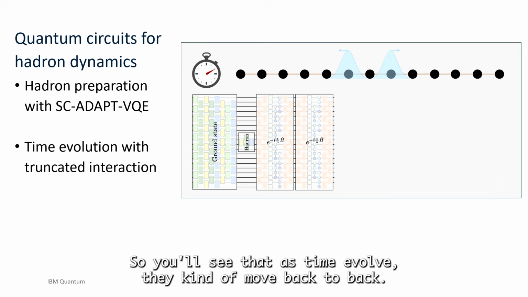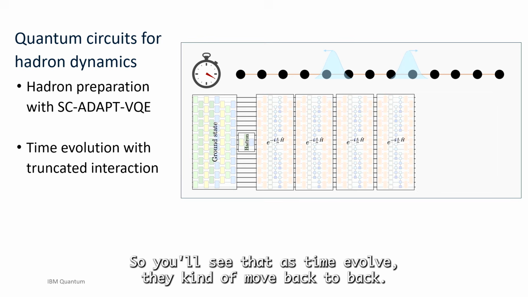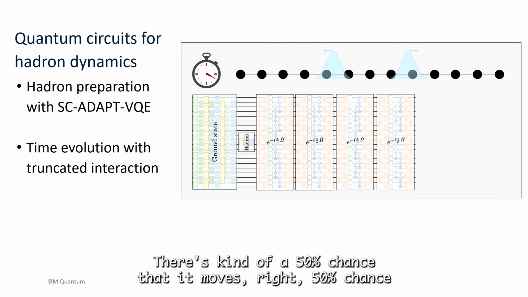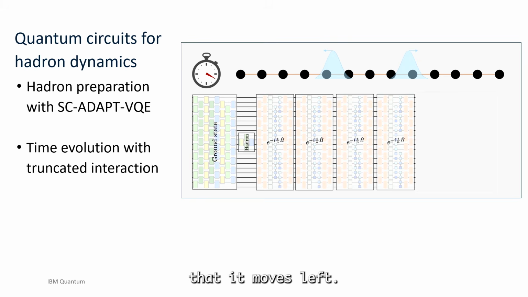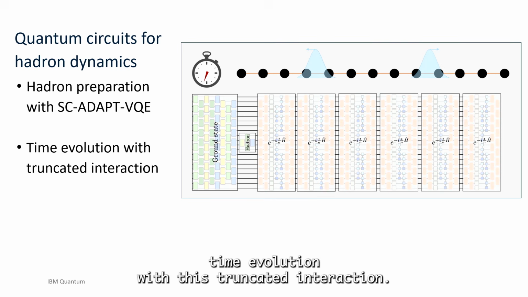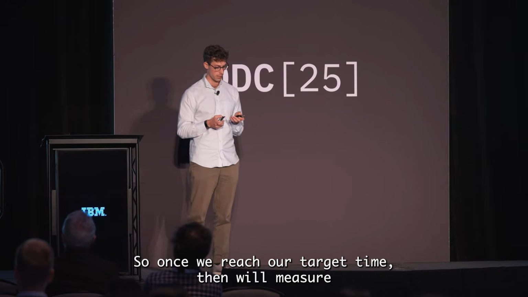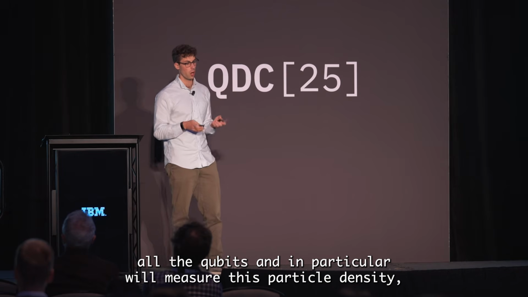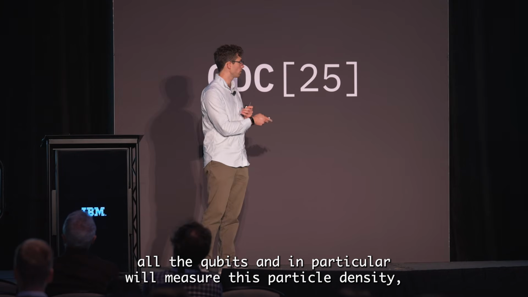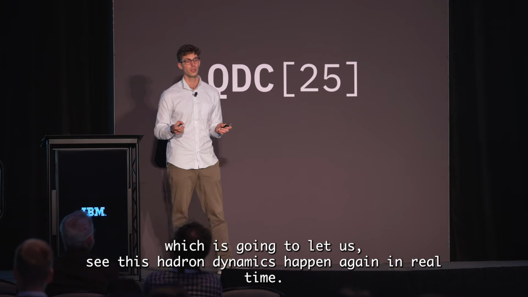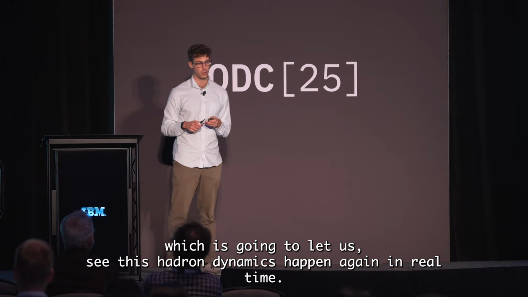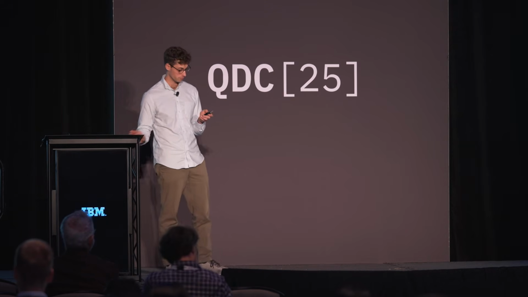So you'll see that as you time evolve, they move back to back. There's a 50% chance that it moves right, 50% chance that it moves left. And we're just doing more time evolution with this truncated interaction. So once we reach our target time, then we'll measure all the qubits. In particular, we'll measure this particle density, which is going to let us see this hadron dynamics in real time.